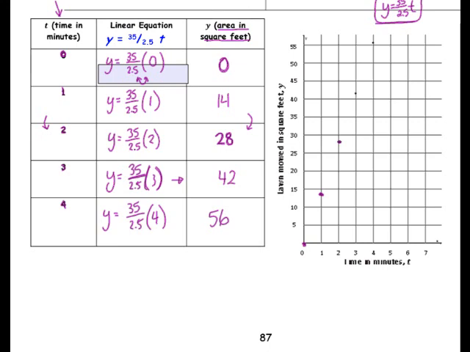Then over to 3 minutes and up to 42 square feet. And finally, the ordered pair, 4 and 56. And that represents 4 minutes and up to 56 square feet. And that is graphing our data of our constant rate for Pauline's time to mow a lawn.